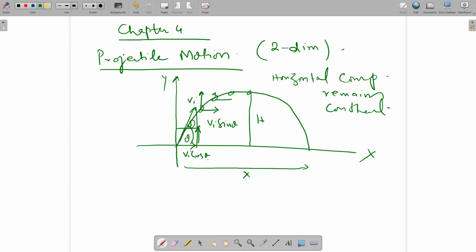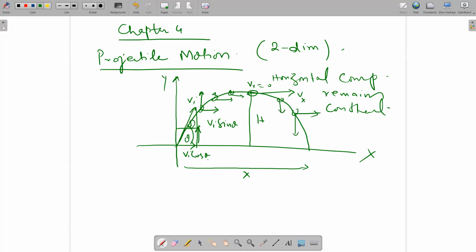Here the value is less, this same. Here the value is more or less, this same. But at this point, the highest point, the vertical component will be 0. And the horizontal component will be this one. So at the highest point, which component is left? Only the horizontal component is left. The vertical component is 0. So when the body is falling, this component is increasing.